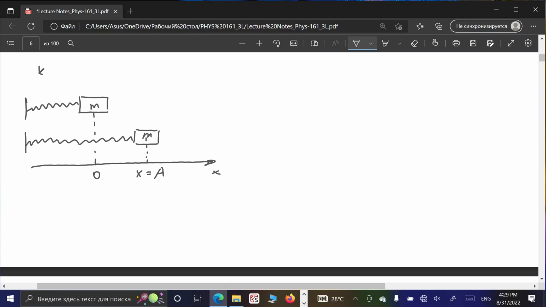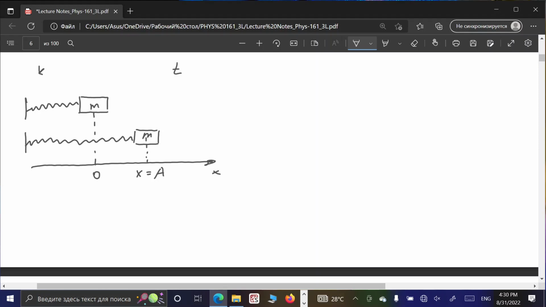So it was moving towards the right, reached the maximum point, stopped at the maximum point, and at t equals 0, it's still standing at this maximum point. It doesn't move either to the right or to the left. So we can write some boundary conditions which we need.